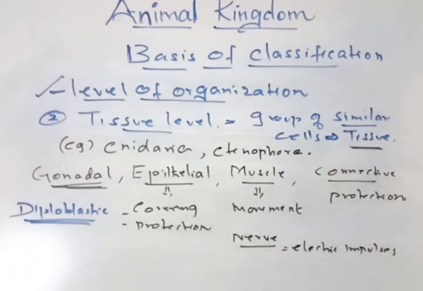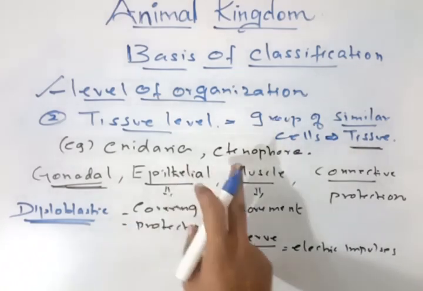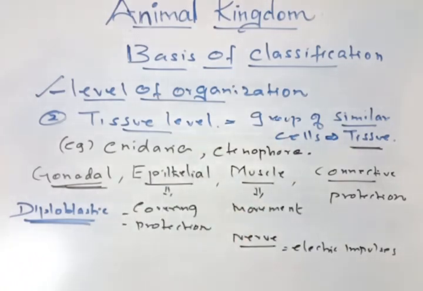Only two it will have. If it has three, it is called triploblastic. So diploblastic animals first originated in the Cnidaria and Ctenophora. Porifera will not have these body layers, so there is no diploblastic condition there. Diploblastic originated in the Cnidaria and Ctenophora.